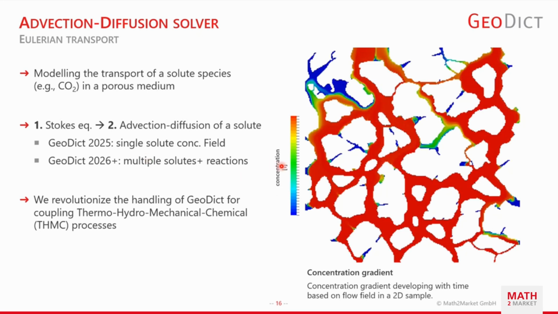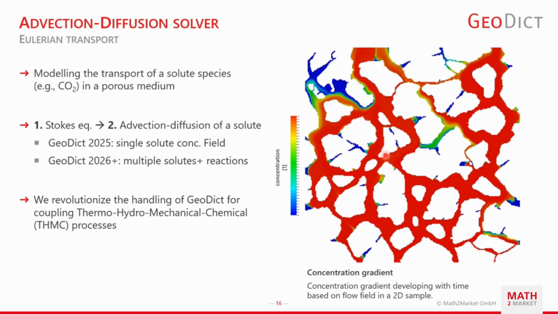What is further planned is inclusion of multiple solutes, so different concentration fields, which would also involve different types of reactions, which in the end would be, for instance, used for a continuum way of modeling the reactive transport.